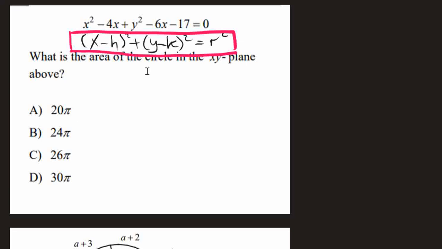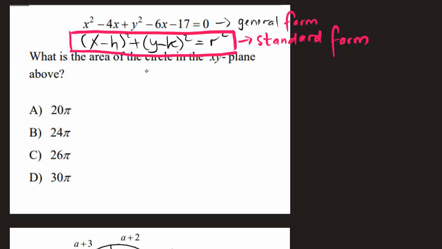So how do we convert the general form into the standard form? This is the standard form of the circle equation. So we have to complete the square.